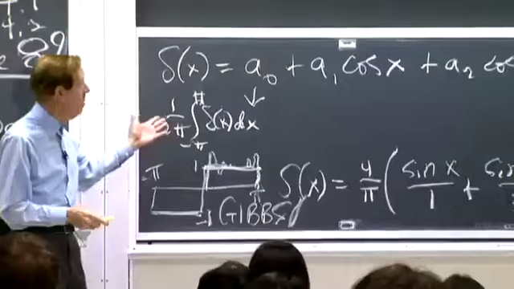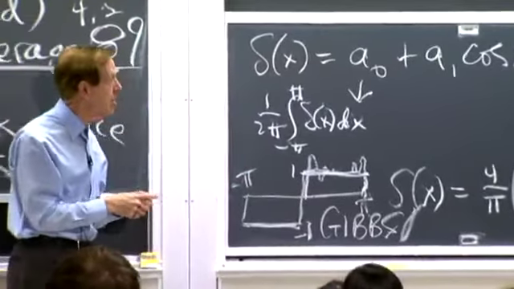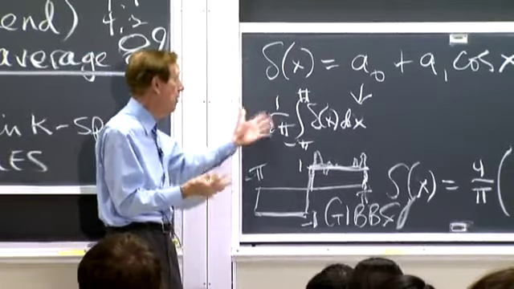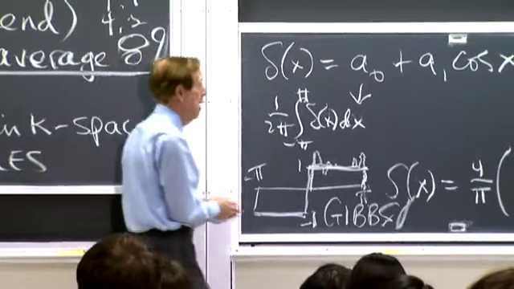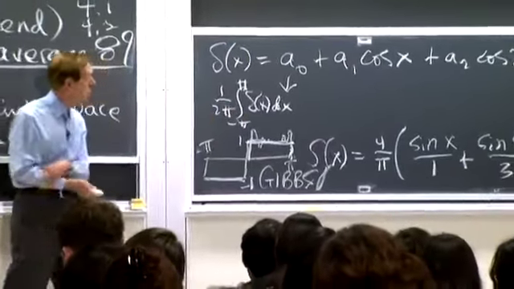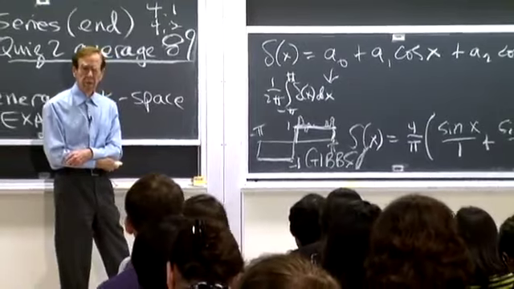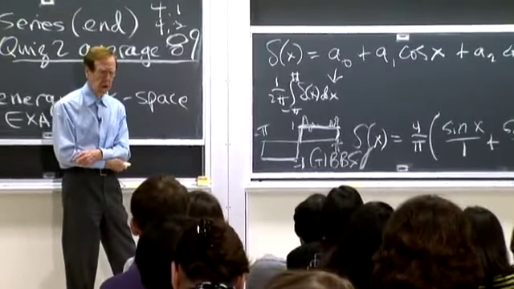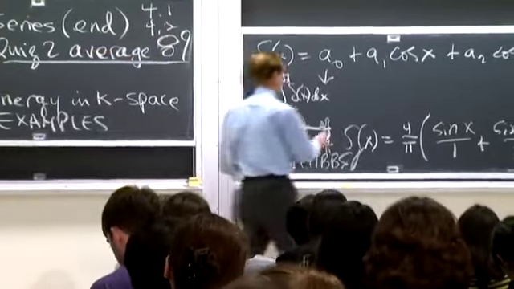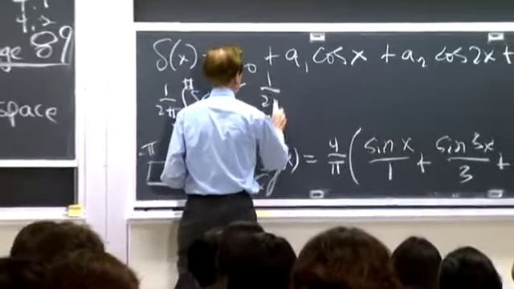Where did that come from? I just multiplied both sides by 1 over 2 pi and integrated. All those terms disappeared, and I was left with A naught. And what's the answer? Everybody knows that integral. The integral of the delta function is 1. So I just get 1 over 2 pi.